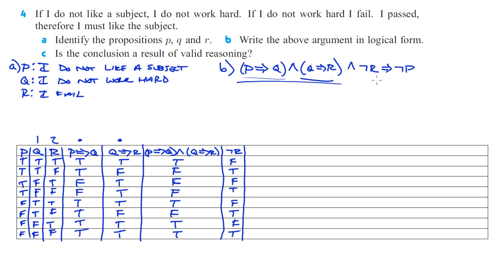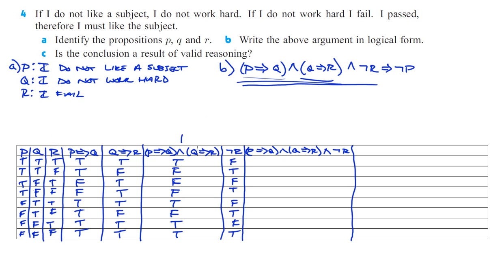Okay, so now we want to do this whole thing here all together, so that's P implies Q, and Q implies R, and not R. Okay, so let's get rid of these old ones here, since we got a new implication on here.